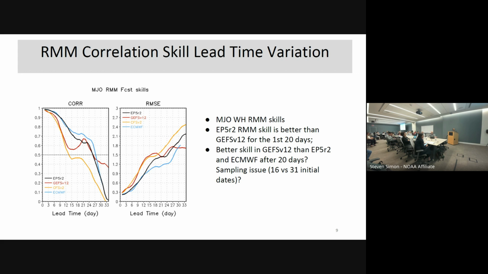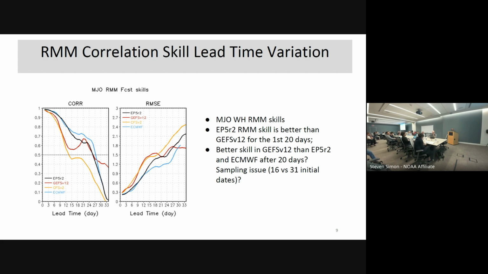And after 20 days, the GEFSv13 has a big jump. The scale shows better or similar to the ECMWF and the GEFS. That is just a matter of sample issues since it's only 16 forecasters available.